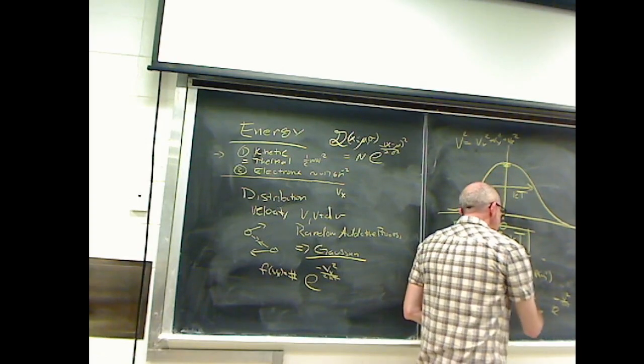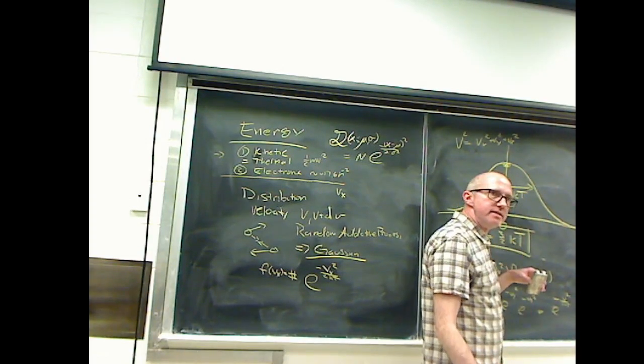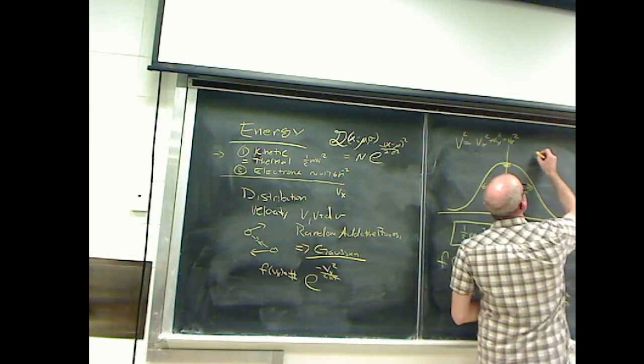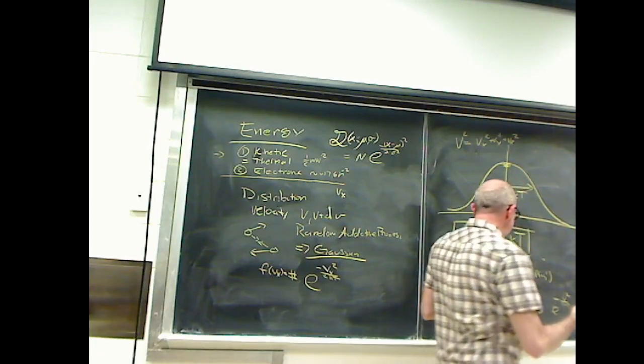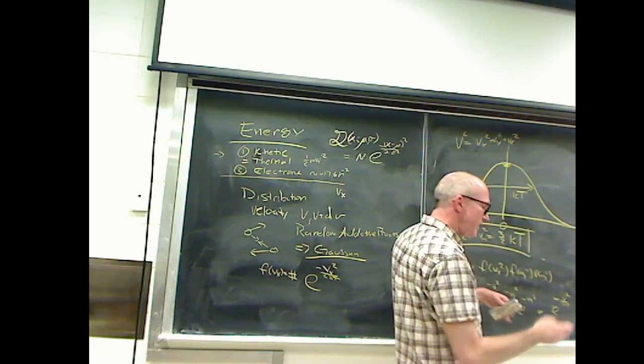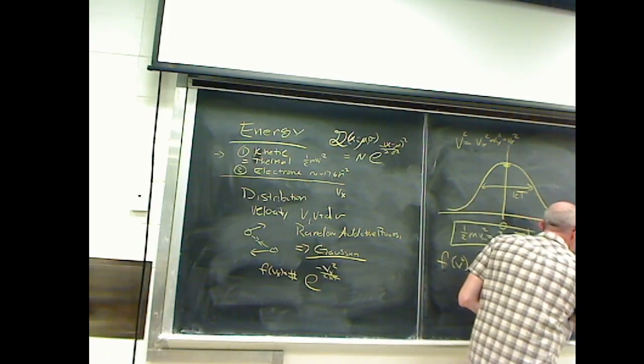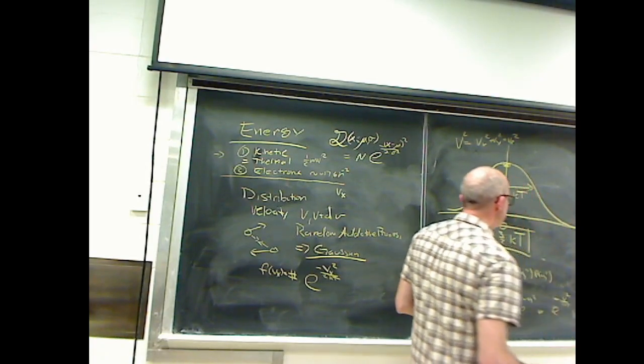But these are vector components, and I want to isotropize it. So if I want to ask how many molecules are in a particular region of phase space, I've got to do a volume integral, and when I do that, I pick up a v squared from the volume integrator.